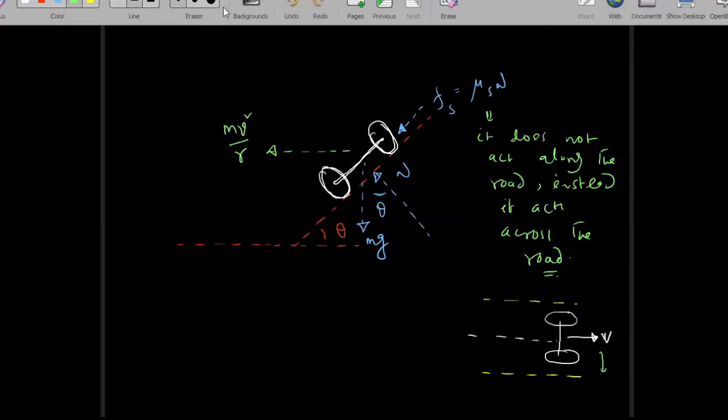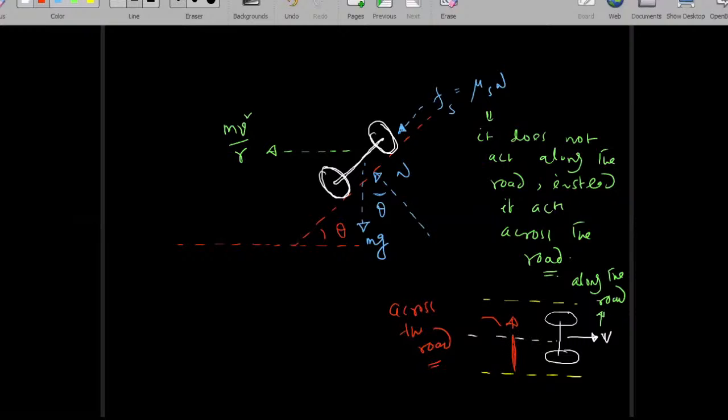This is the rear. This is along the road. And this direction is across the road. So here friction is acting in which direction? This is across the road. In this direction, friction is acting. I hope you are understanding.